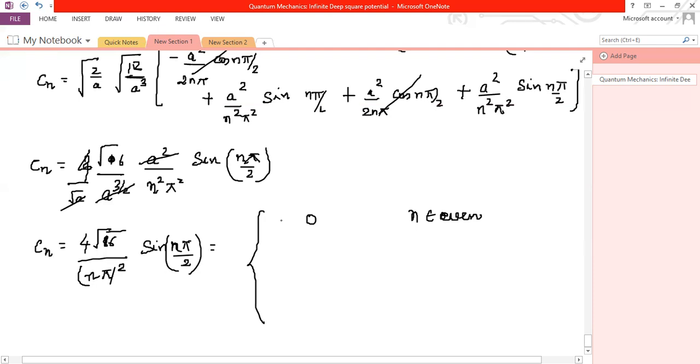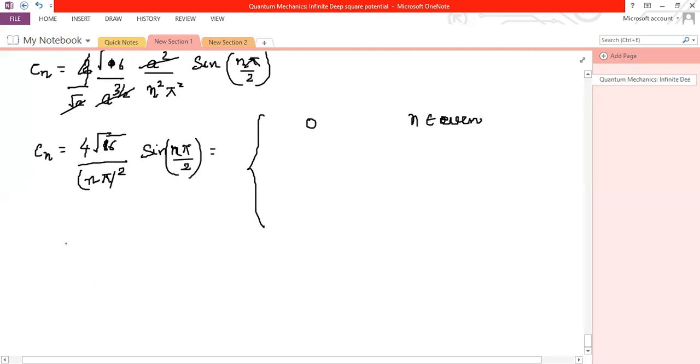Now, if n is odd, then we really need to see. If n is 1, then we'll get sine pi by 2, which is simply 1. If n is 3, then we'll get sine 3 pi by 2, which is minus 1. If n is 5, then we'll get sine 5 pi by 2, which is again 1.